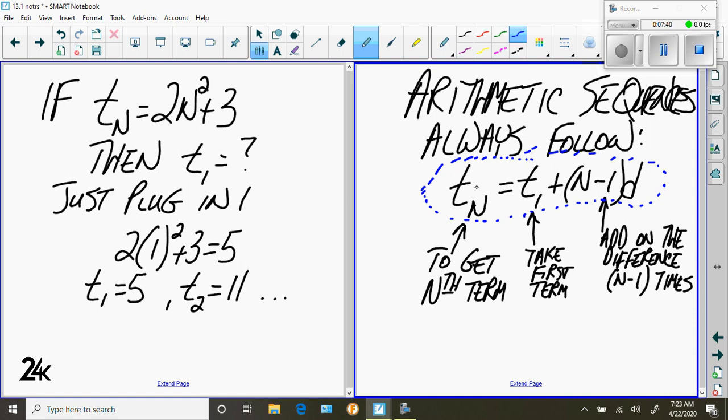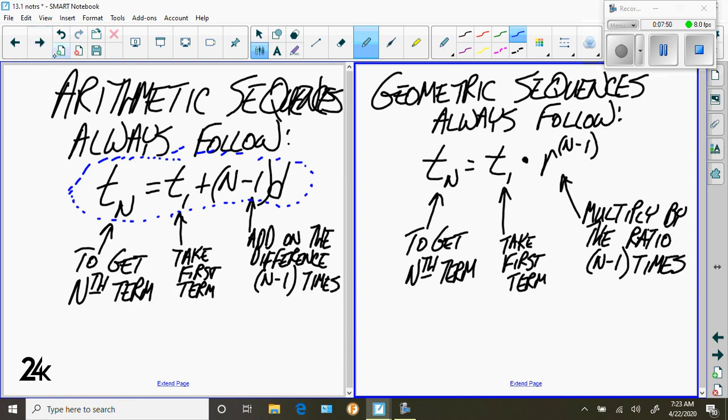That's the equation we're going to use for this homework when it says arithmetic. For geometric, we're going to use this equation. To get the nth term, you take the first term and you multiply it by the ratio n minus 1 times. Okay, so those are the two equations.